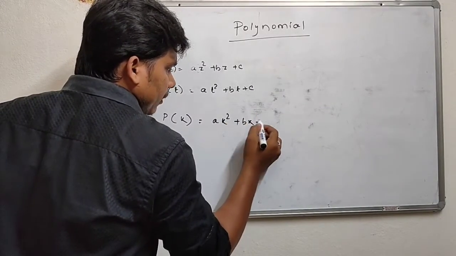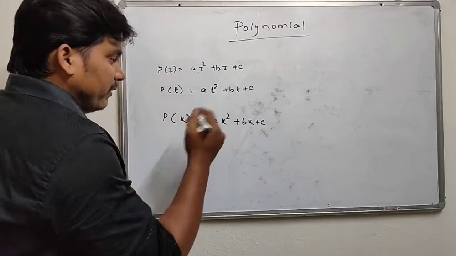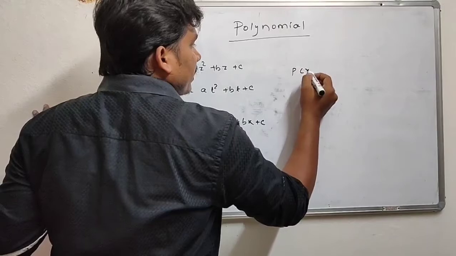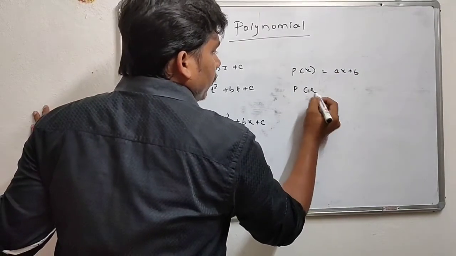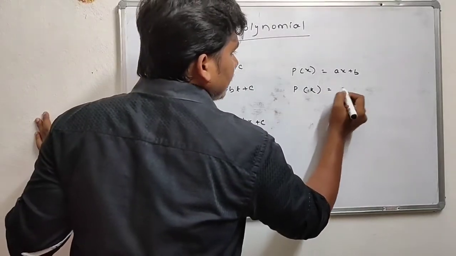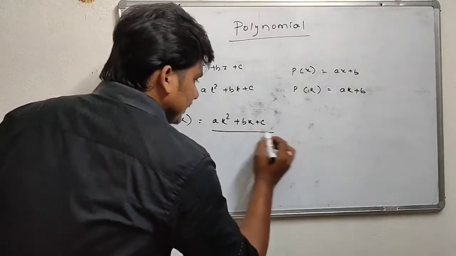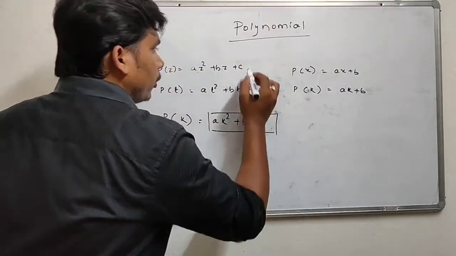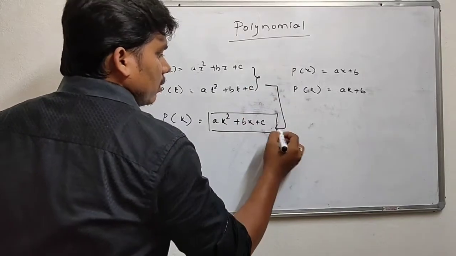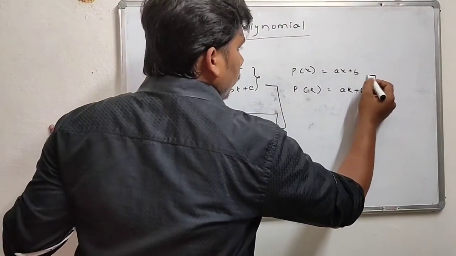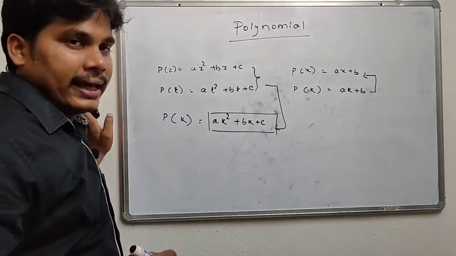Then if I write another polynomial p of x equal to ax plus b, and I put k in place of x, this will be ak plus b. That means this is the value of this polynomial when we put k in place of x.